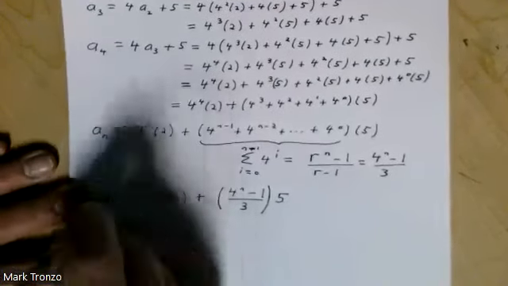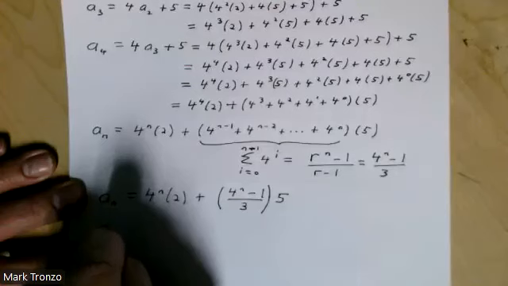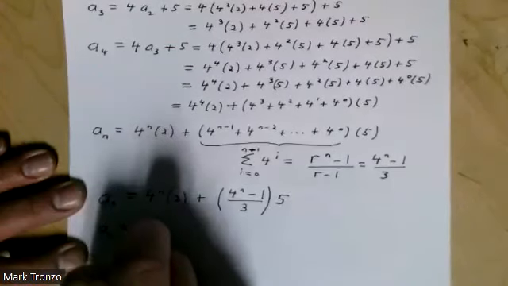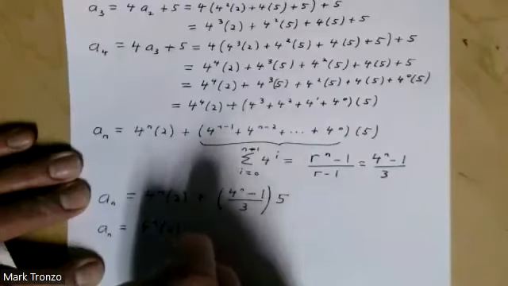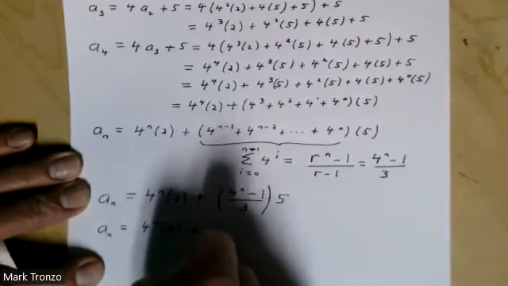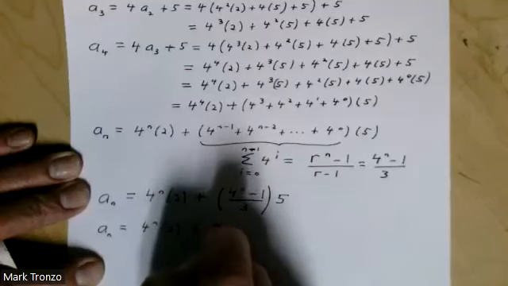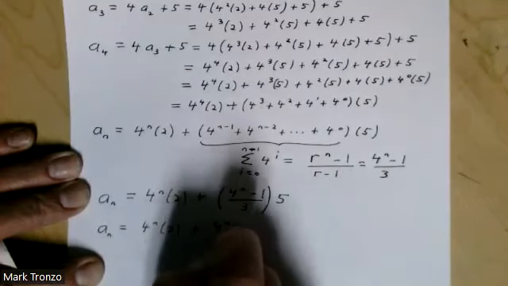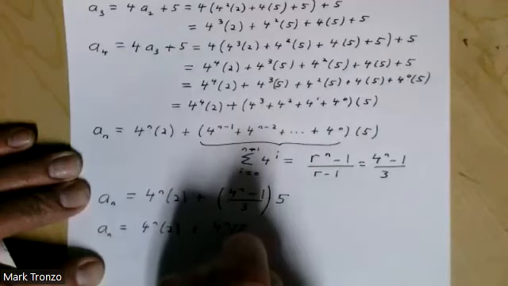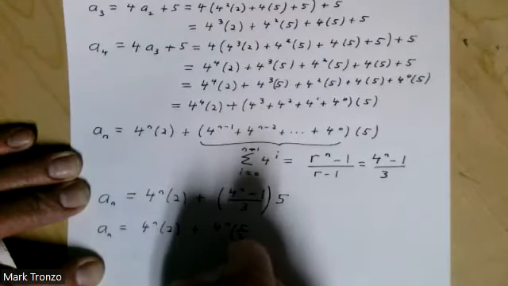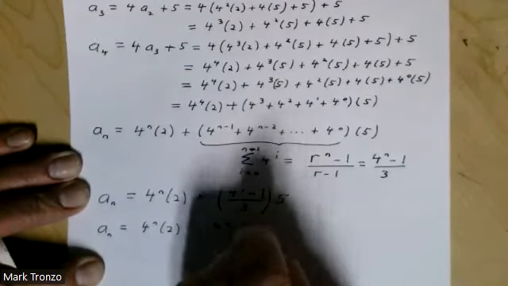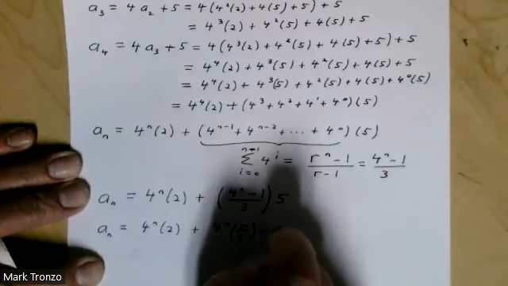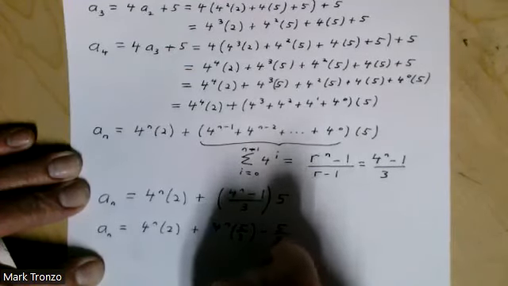So let's actually go one step farther here. So let's multiply this 5 out. So here we're going to have 4 to the n times 5/5 minus, and this is going to give us a 5/3 here.